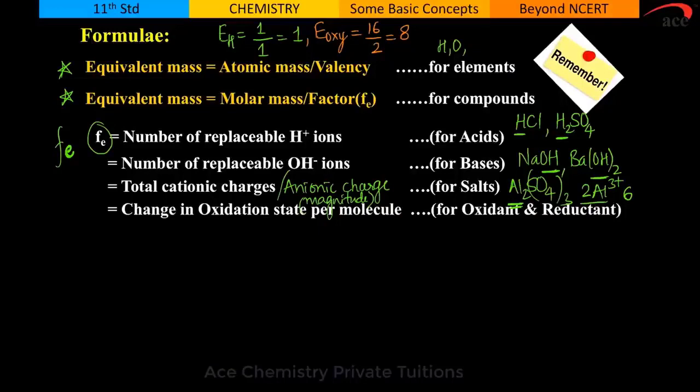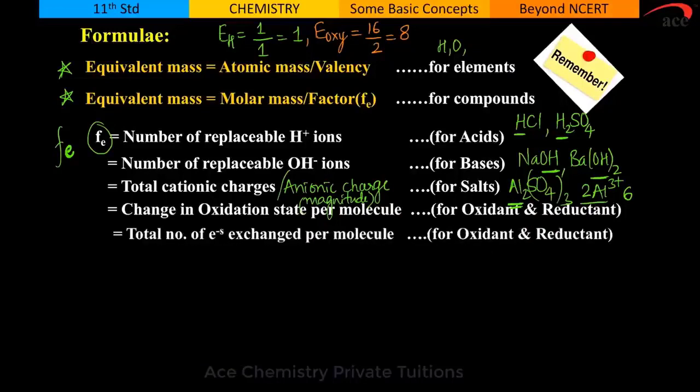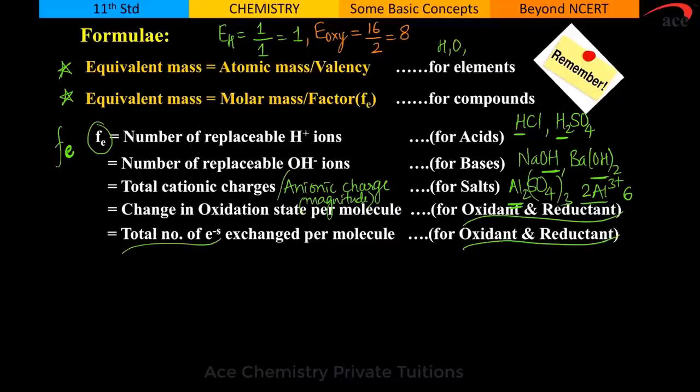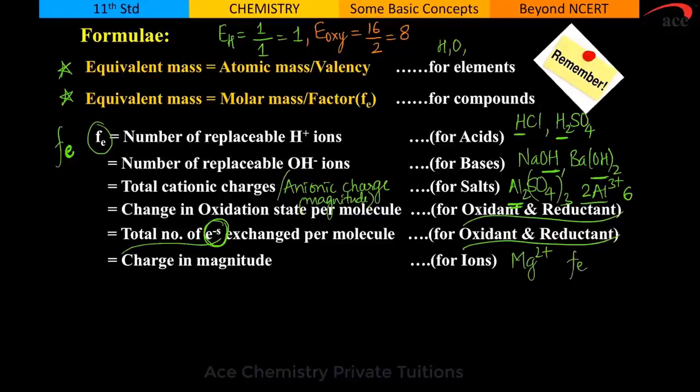Then, for oxidizing agent or reducing agent, the factor is the total number of electrons exchanged per molecule, and for ions it is charge in magnitude. Like for magnesium 2 plus, factor will be 2, because charge is 2. For CO3 2 minus, factor will be 2 because you are supposed to take only magnitude.